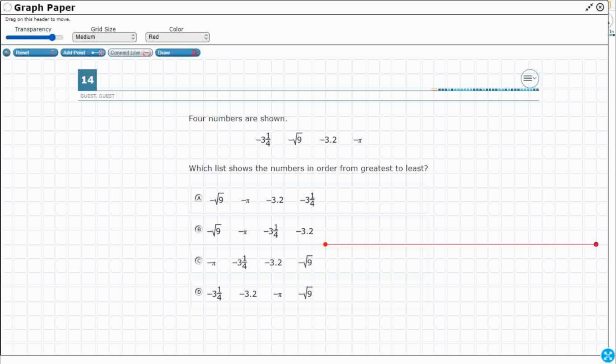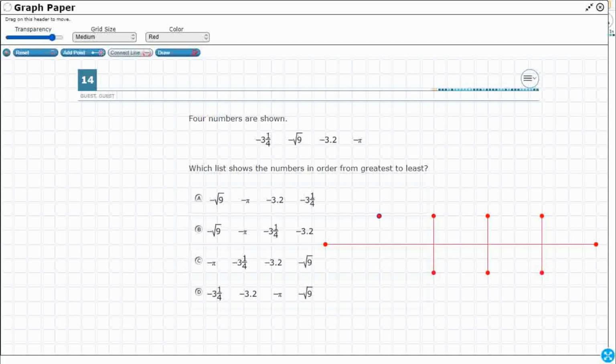Now I'm going to draw a sample number line. You notice how all the numbers are negative, right? Let's extend it up, and I'm just going to give us some guideposts.